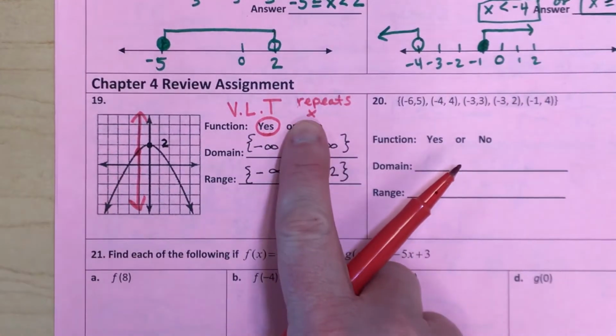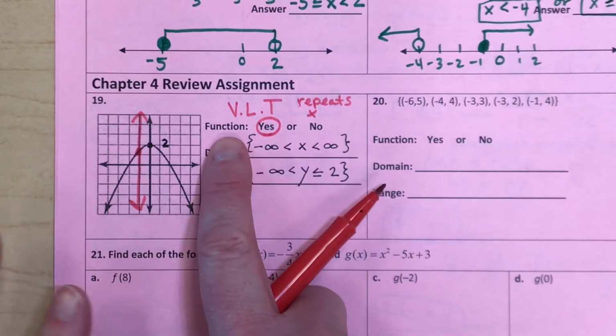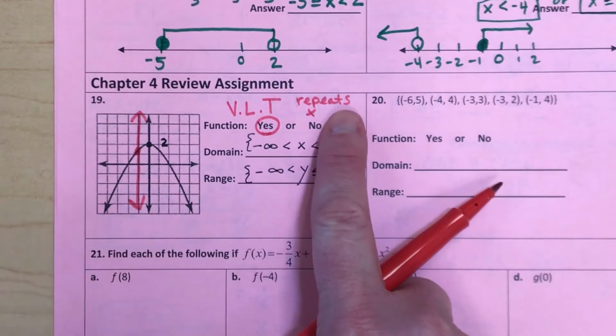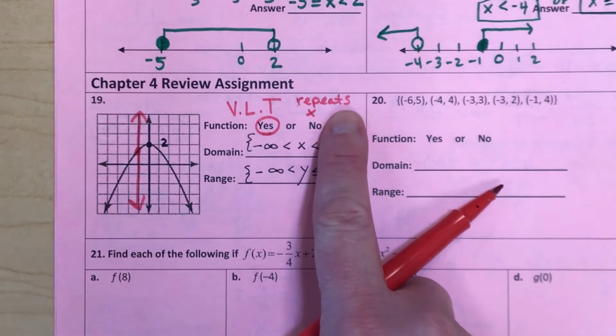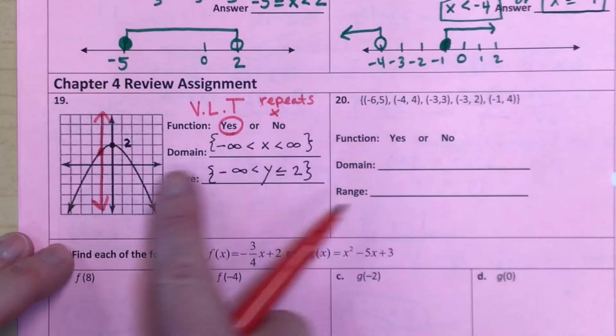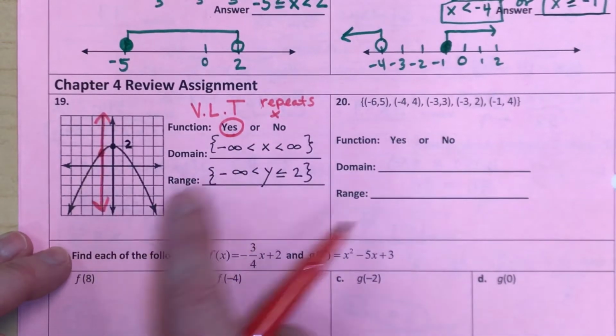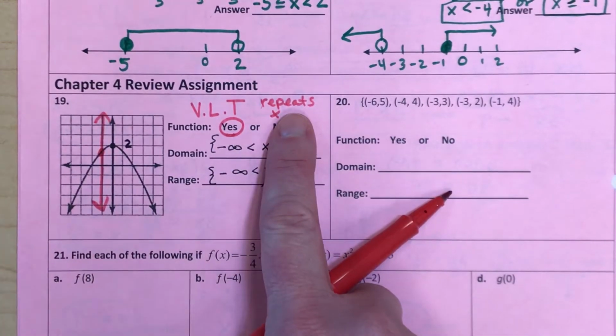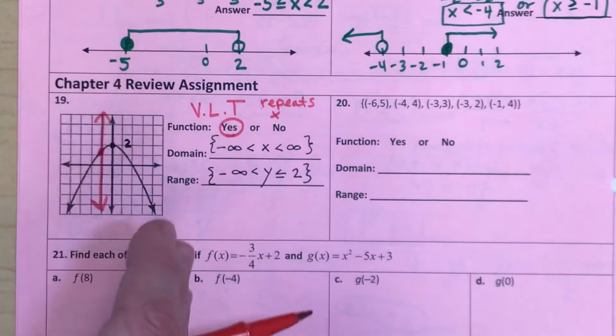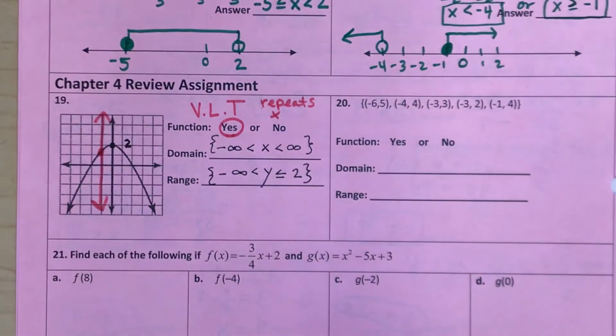Specifically the x. Don't worry about what happens with the y, because that doesn't have anything to do with whether it is a function or not. So if an x value repeats, it would not be a function. If a vertical line passes through more than once, that means an x value repeats, so therefore not a function. But if it goes through once, that's okay, so then it is a function.